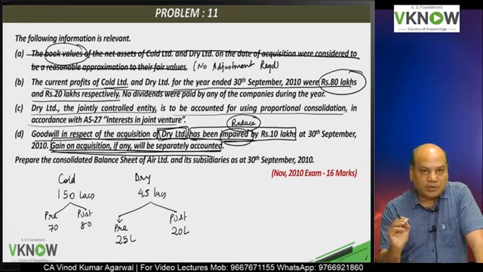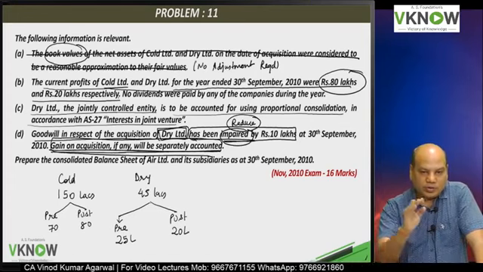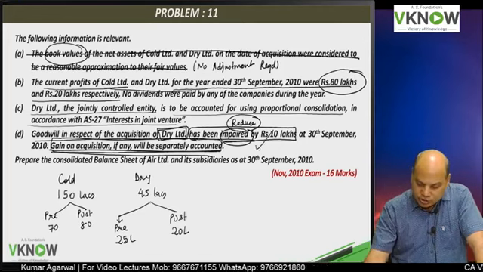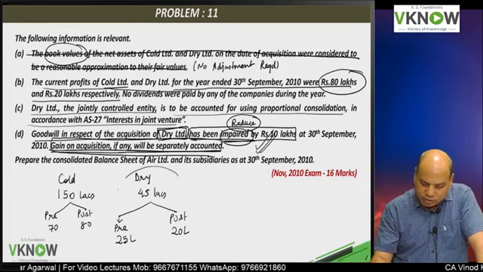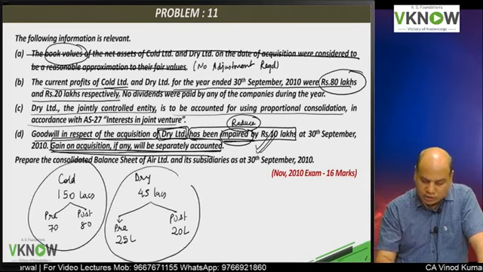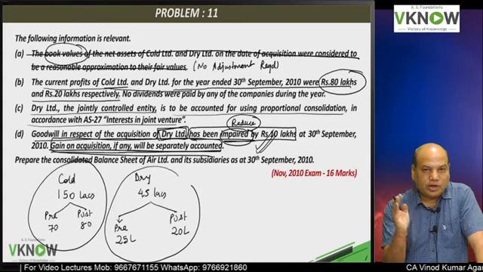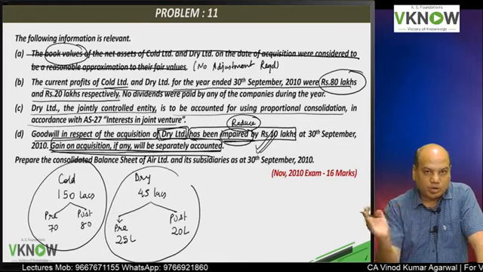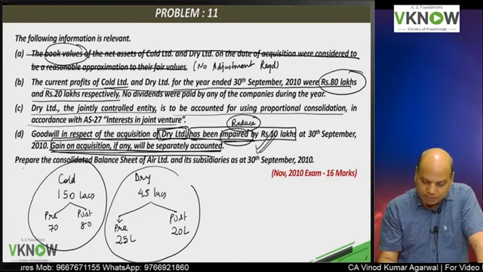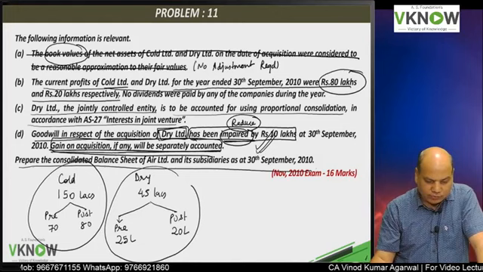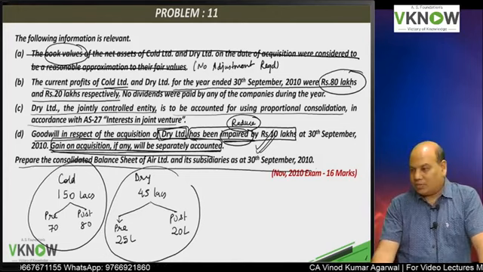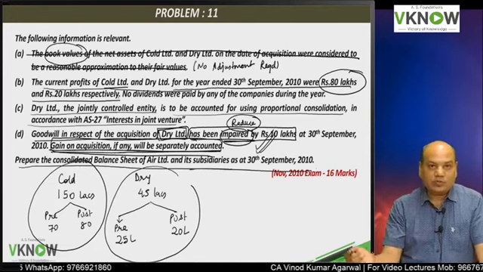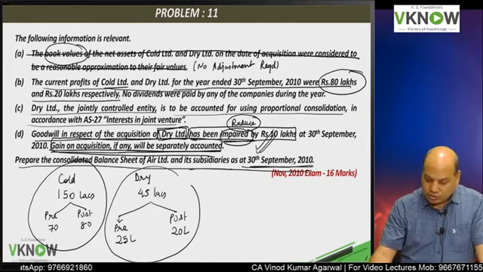If there is a capital reserve, show separately. If there is a goodwill of Dry, reduce it by 10. So this is the only adjustment given, and the other adjustment, like every consolidation problem, you have to divide the profits of subsidiary and joint venture into pre and post acquisition portions. Prepare the consolidated balance sheet of Air Limited and its subsidiary and its joint venture. They have not written joint venture, but you have to consolidate joint venture also on 30th September.